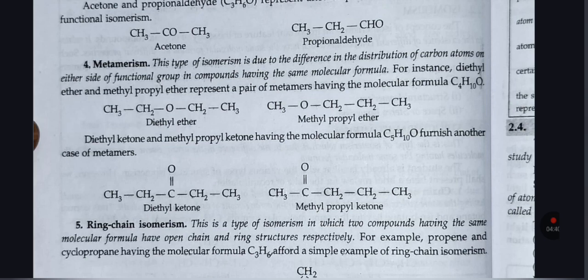Diethyl ether, methyl propyl ether, structures are given. Diethyl ketone and methyl propyl ketone having the molecular formula C5H10O furnish another case of metamers. Diethyl ketone and methyl propyl ketone structures are given here.